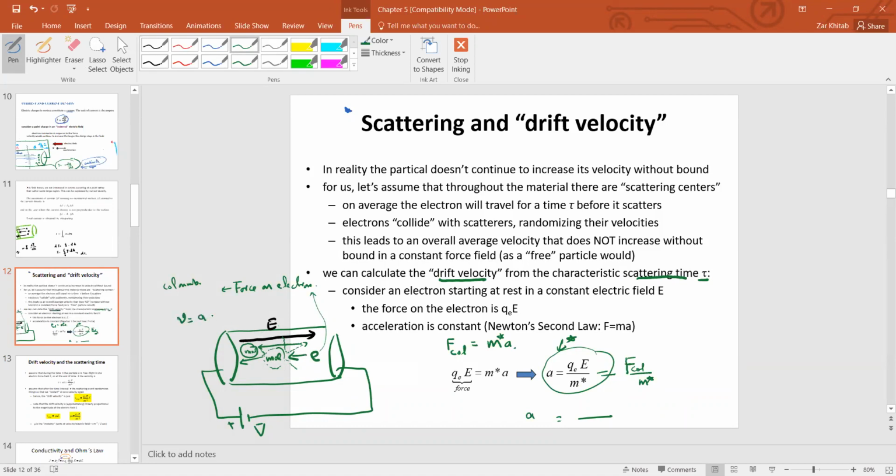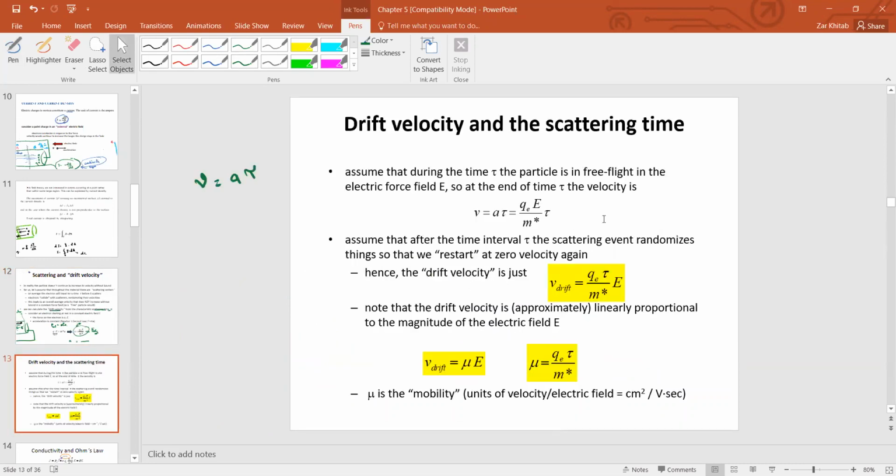So velocity is acceleration times scattering time. If you put the value of acceleration in this equation, velocity is now this equation, and we call this the drift velocity.